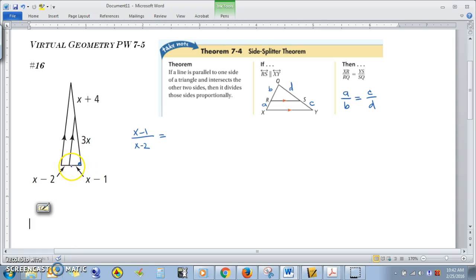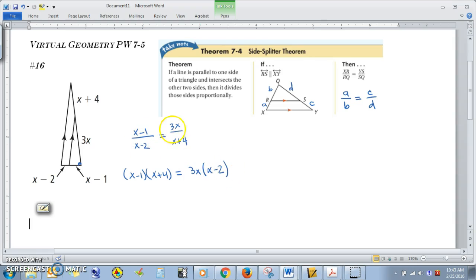So closest to this angle on top, so then closest to this angle on top. So 3x over x plus 4. And now I'll cross multiply. So that gives me x minus 1 times x plus 4 is equal to 3x times x minus 2.